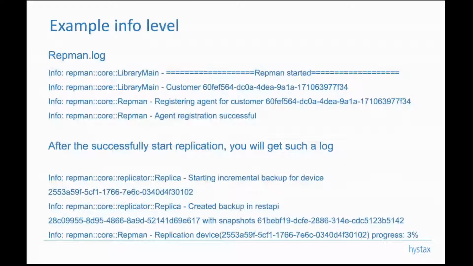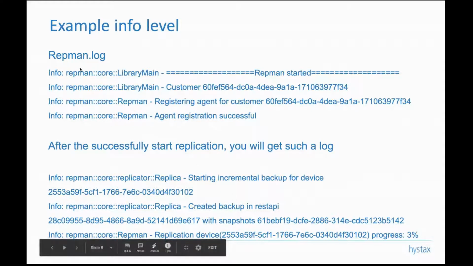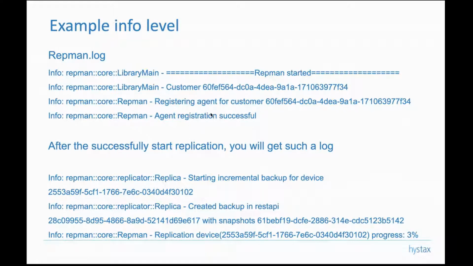A couple of examples here again from the logs that we took from the Linux agent. As you may see, regarding the replication manager log, it looks pretty much the same, as far as the Repman part for Windows and Linux is the same.